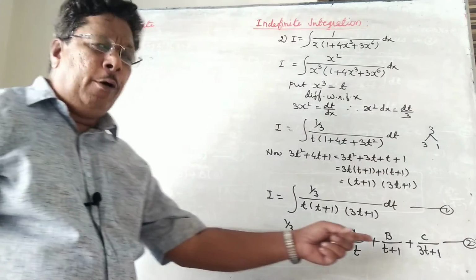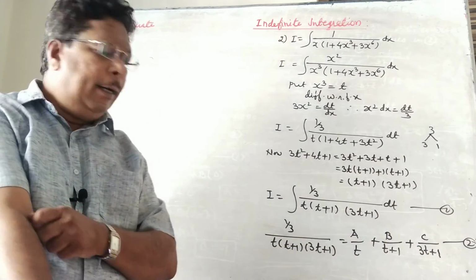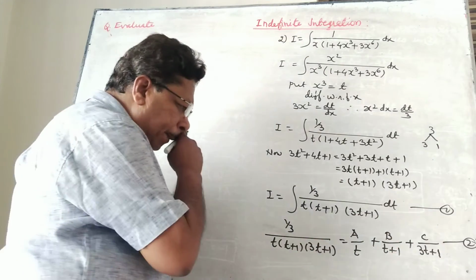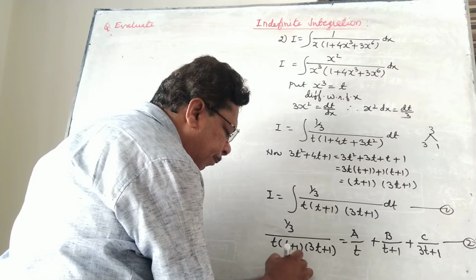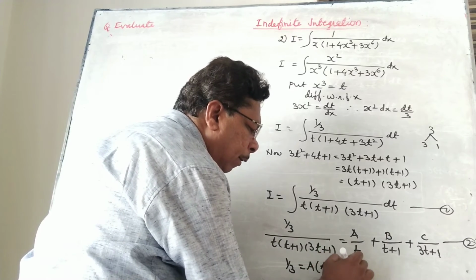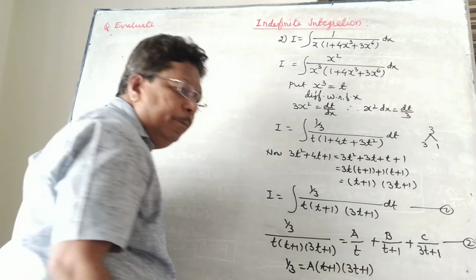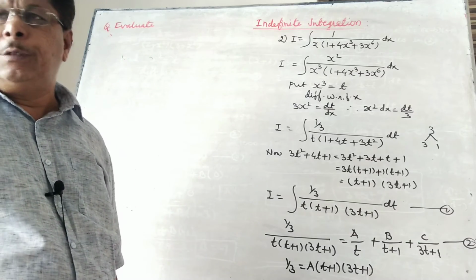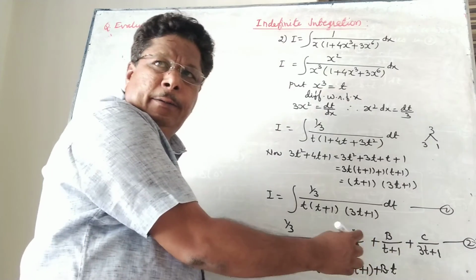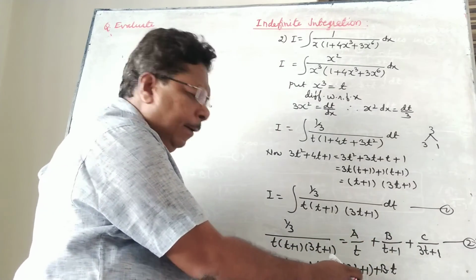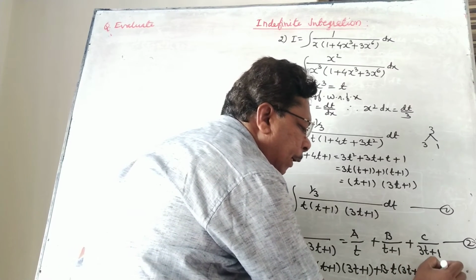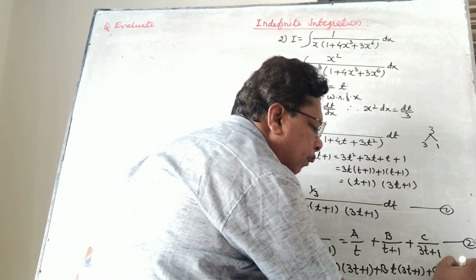Now take LCM on the right hand side. If we take LCM, then the denominator becomes same. Remove the denominator. So 1 by 3 is equal to a into t plus 1 into 3t plus 1 plus b into t into 3t plus 1 plus c into t plus 1 into t.